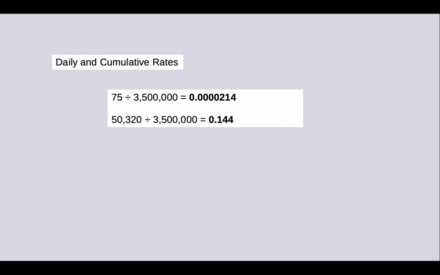And they're hard to use because they are long decimal numbers. It's hard to remember how many zeros were in there. And the awkward part about these is the number that they're giving you, the units it's measured in, would be cases per capita. And that just winds up being a funny concept that's hard to communicate and sort of hard to think about. So we don't generally use cases per capita.